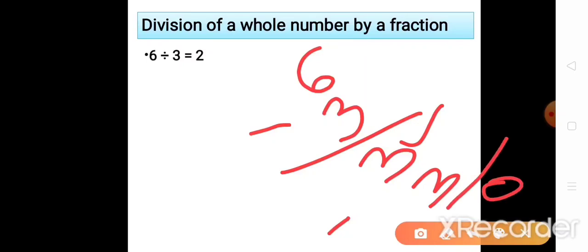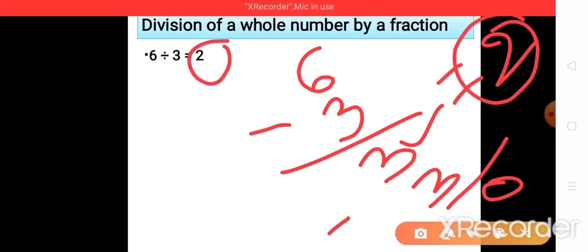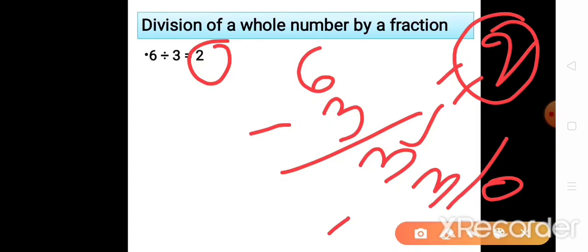Once we have got 0, we need to stop our subtraction. After that, we are going to count the number of times we have performed the subtraction, which is 2 here. And therefore, 2 is the answer of this division. I hope this part is clear to you.